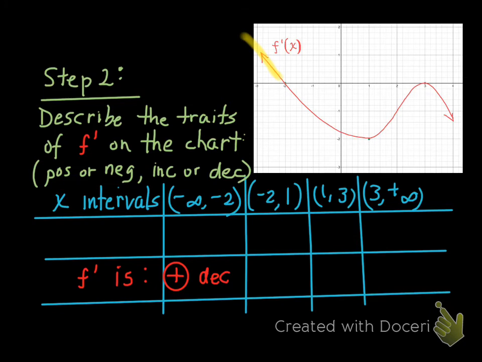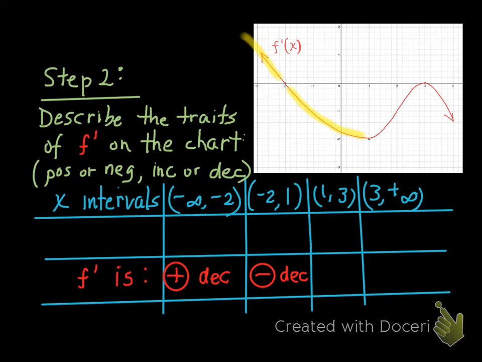How about the next interval? From x values -2 to +1. Well, gosh, this looks entirely below the x-axis, so I know that the sign's going to be negative. And that's going downhill from left to right. It seems to be increasing. I'm betting the two symbols that I'm putting here are negative and decreasing. And you're Johnny on the money.